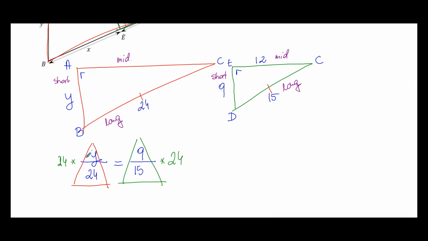So why do we multiply? Because 24 divided by 24 is 1, and 1 multiplied by y will be y. So on one side of the equation now I have y, and on the other side I have my numbers, 9/15 multiplied by 24. So I can put that in my calculator, press equal, and I work out that the value of y is 14.4.